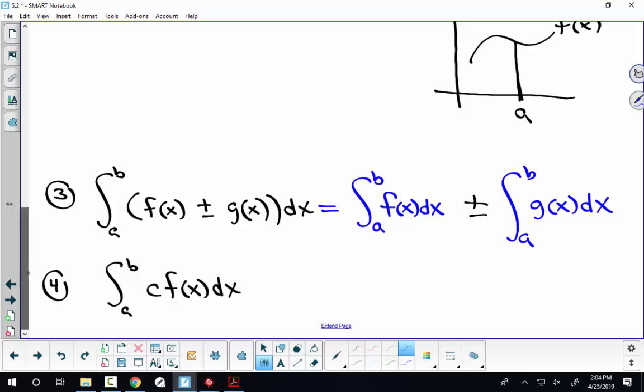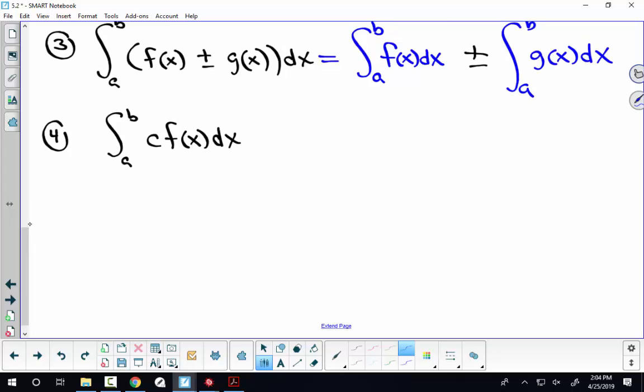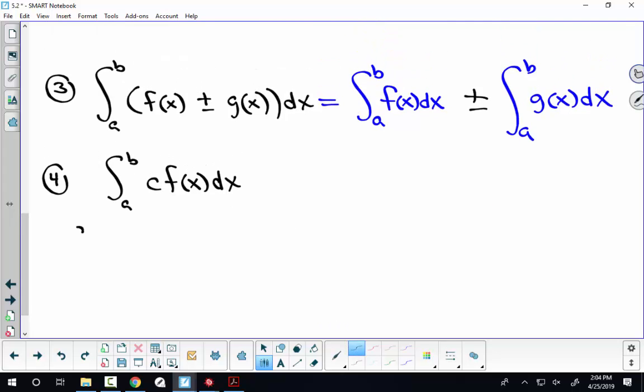And then the integral from a to b of a constant times f of x dx. Just make a note here, c is a real number. We can pull the constant out and multiply it in once we compute the integral from a to b of f of x dx.